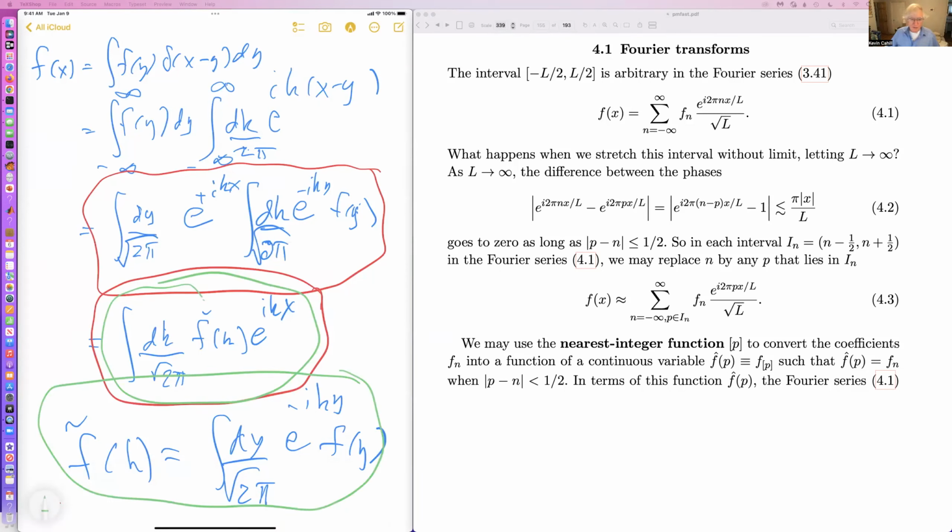Well, that's a sort of lightning introduction to Fourier transforms via the delta function. Why don't we just do it in a straightforward way?